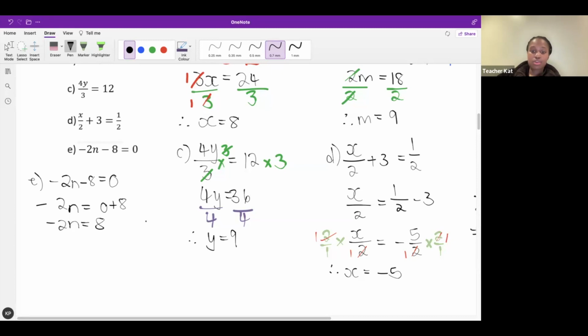My x is still not on its own. I divide by negative 2 on both sides. These will cancel, but on my right-hand side, I have a positive number and a negative number, which means my answer will be a negative, and 8 divided by 2 is a 4.